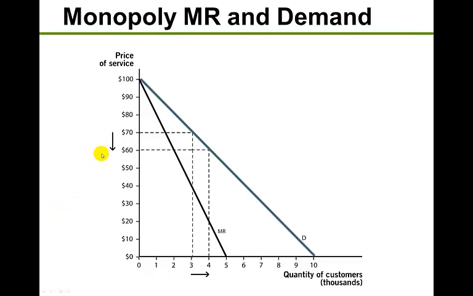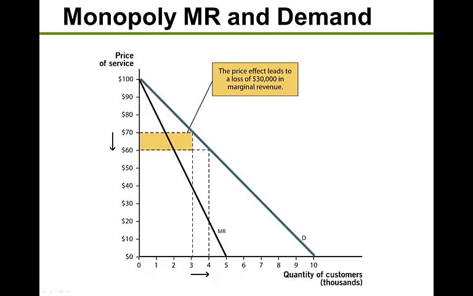The price has gone down, so we're now charging less for each unit, but we're now selling 1,000 more units. So this rectangle here is our measure of the price effect. For every unit that we sell, we're now decreasing the amount that we get by $10.